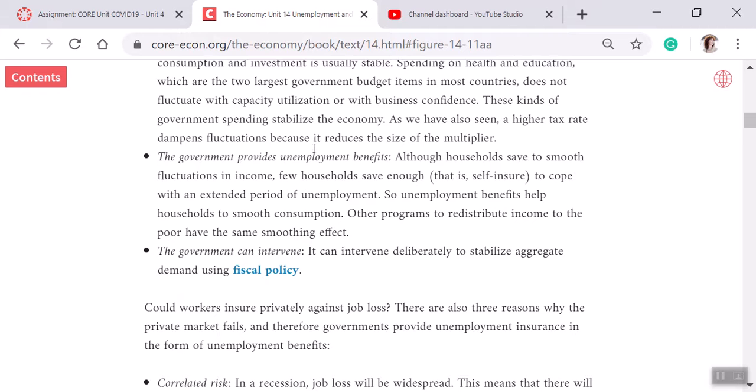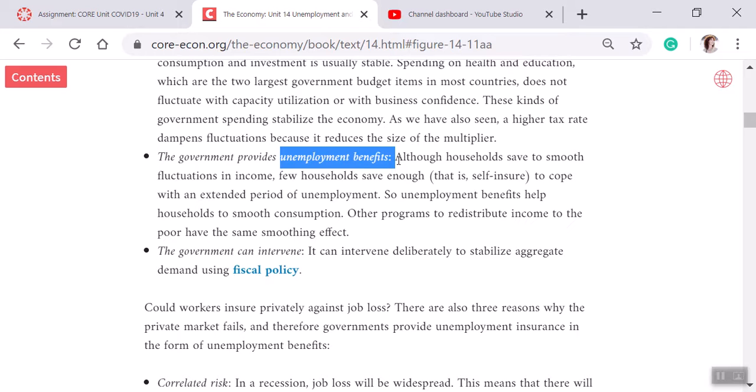The government provides unemployment benefits, right? Because there's always going to be a place for workers there, whether there's a lot of workers or a few, okay? At the same time, the government pays unemployment to people who lose their jobs, right? So even though households have to save to smooth fluctuations in income, few households save enough, right?